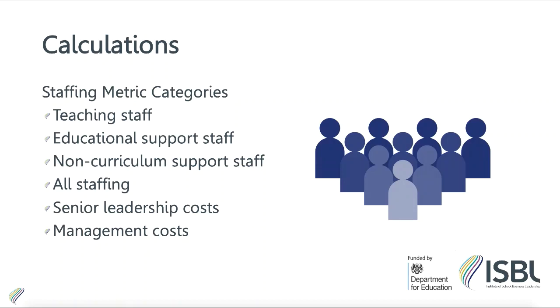Management costs are the raw values of TLRs plus the senior leadership costs that we just alluded to. These key metrics can tell us how efficient our organisation is and how our resources are being deployed. All the information that you need to calculate these is within your organisational budget.